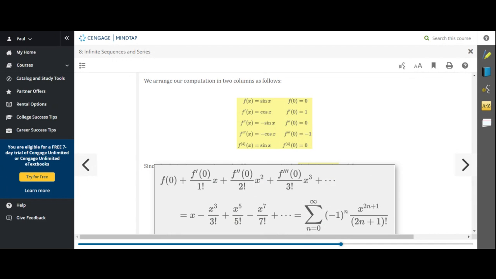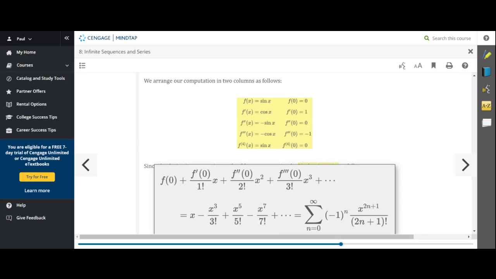You can see that above, looking at f of 0, f double prime of 0, and the fourth derivative of f at 0. And that can be expressed as the series where n equals 0 to infinity of negative 1 to the nth power, because it's an alternating series, times x to the 2n plus first power divided by 2n plus 1 factorial.